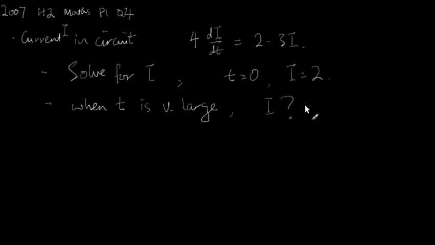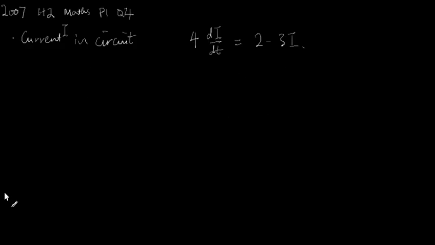So let me start by thinking about how we could solve this equation for I. I should rearrange this so that I is on one side and all the t is on the other side. So let me try that.